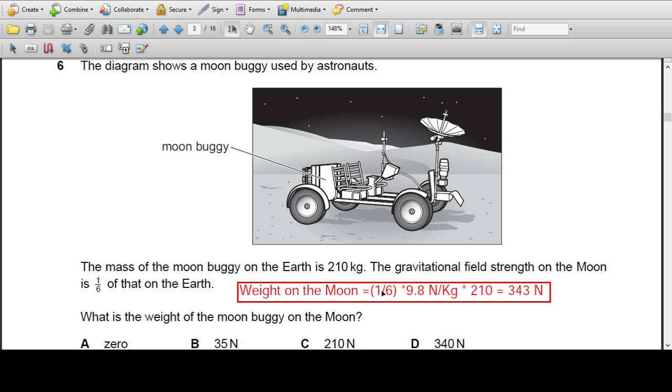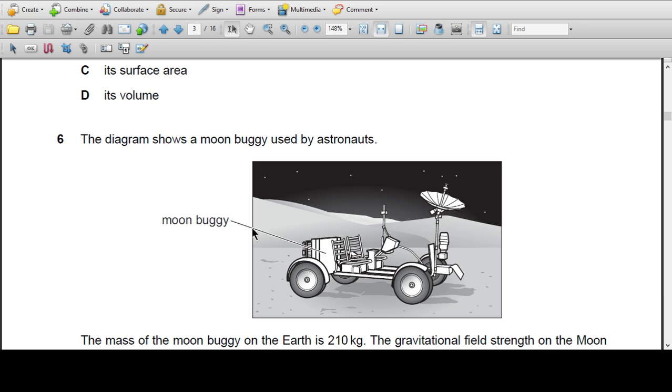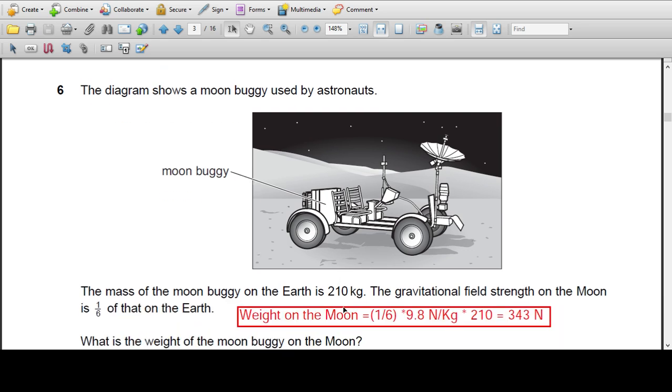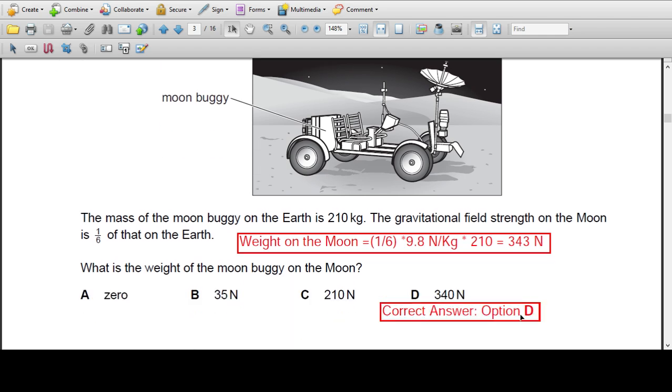The weight is obtained by multiplying the mass with the gravitational field strength. With this multiplication we obtain the weight on the earth, and by multiplying with 1/6 we get the weight on the moon, which is much less than the weight on the earth. So option D is correct.